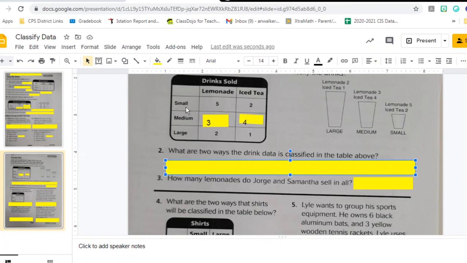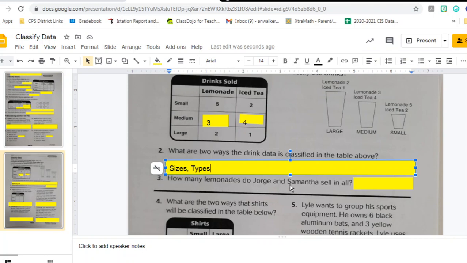Those are sizes of drinks. So it's classified by size, and then it's classified by lemonade and iced tea. Lemonade and iced tea are types of drinks. So we classified these drinks by the size of the drink and the type of the drink.